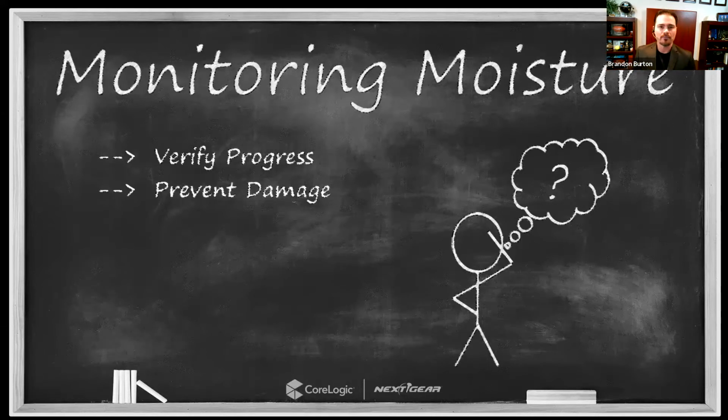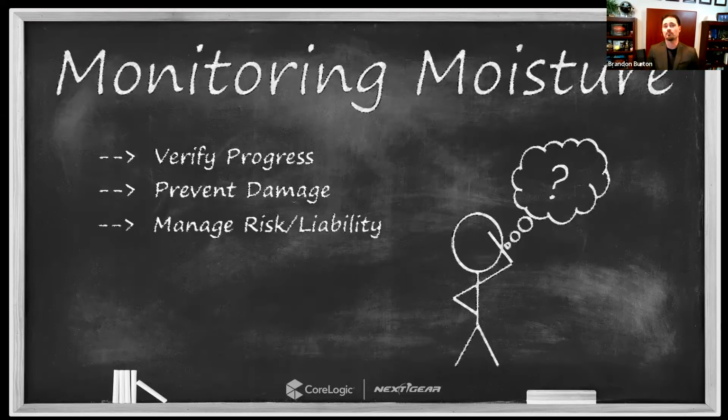If progress is happening, that means we're removing that water activity and eliminating the potential for microbial growth. So even in that one specific example, if I can validate that a building material is making progress, then I can also validate that I'm preventing mold growth from occurring. So lots of reasons why verifying progress is critical.